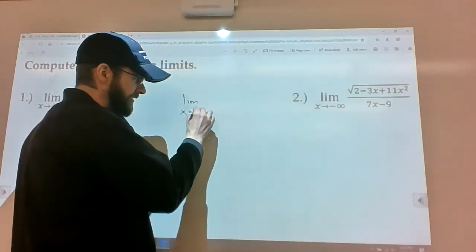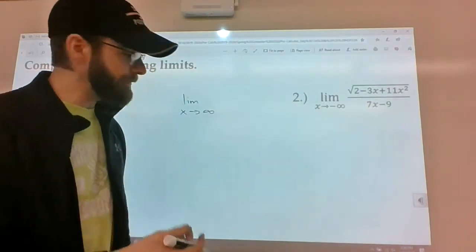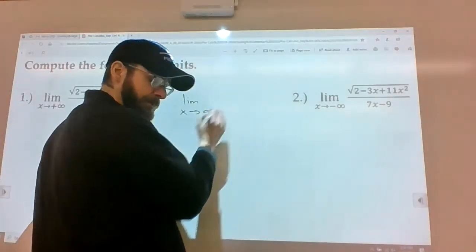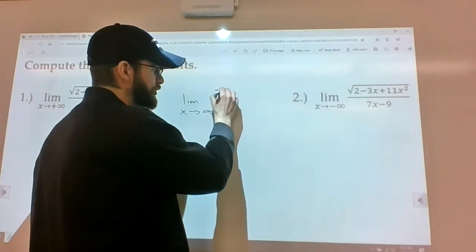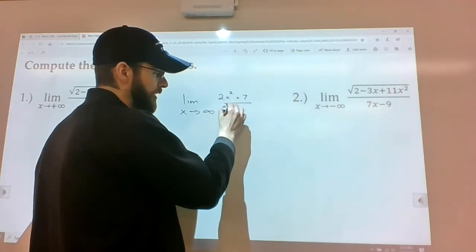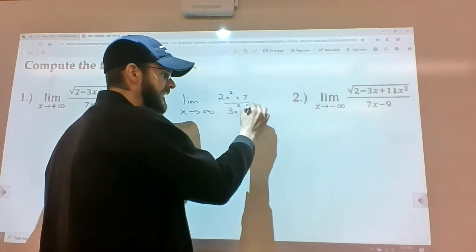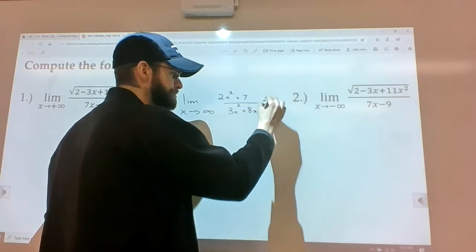If you remember, let me take a random infinite limit like this: what if we're trying to compute the limit as x approaches infinity of 2x squared plus 7 over 3x squared plus 8x plus 9?